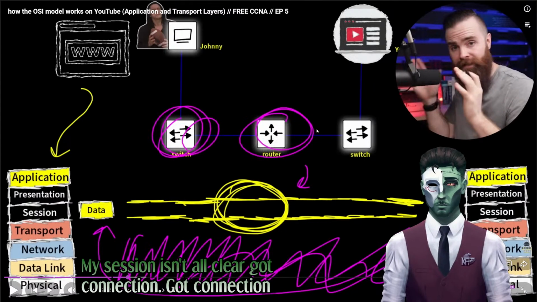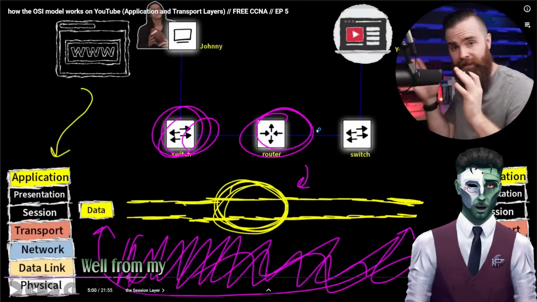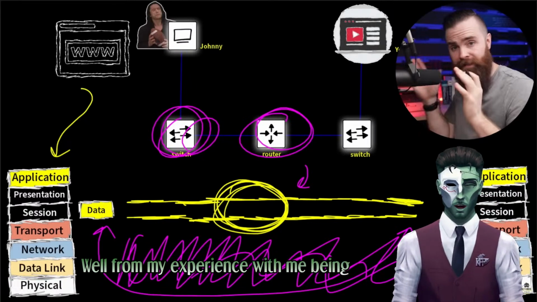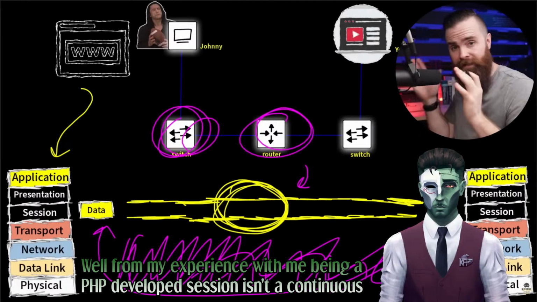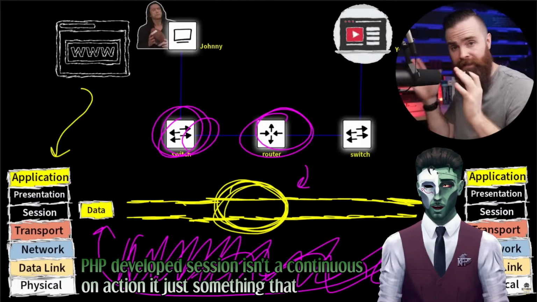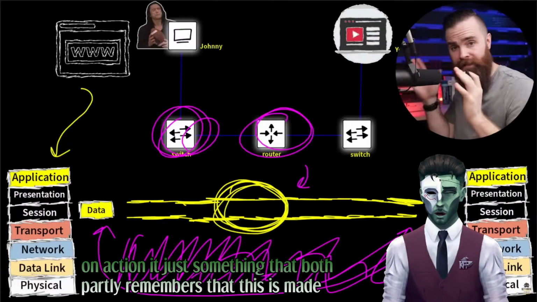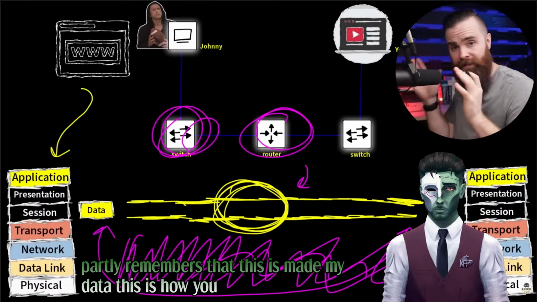From my experience as a PHP developer, a session isn't a continuous connection. It's just something that both parties remember: this is my data, this is how you identify me.